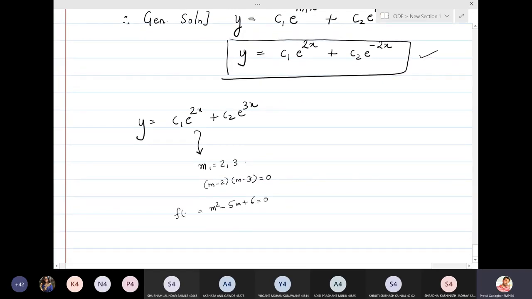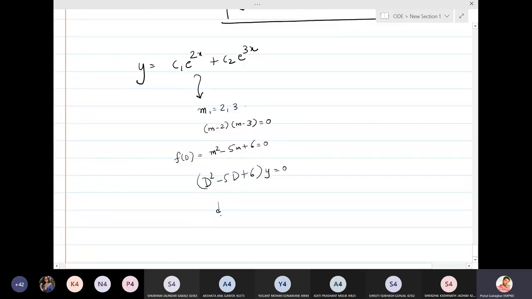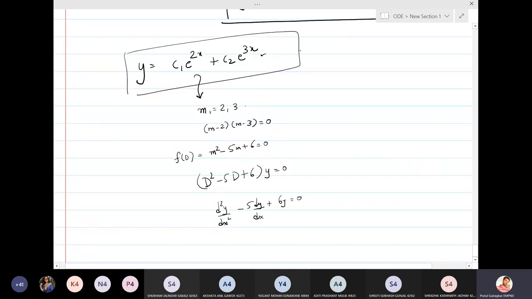And therefore the corresponding differential equation must be D square minus 5D plus 6 applied to y equal to 0, which is the same thing as d2y by dx square minus 5 dy by dx plus 6y equal to 0. So this y is a solution of this differential equation. This is the quickest way.